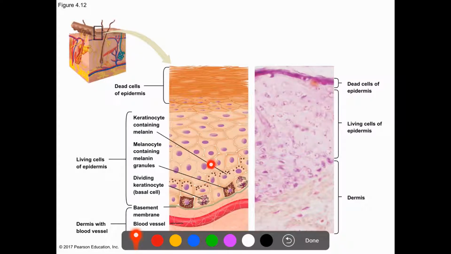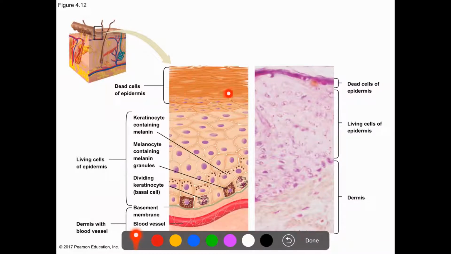These are continuously generated and renewed. And as they are moving up, they will get filled with keratin, which plays an important role in protection and preventing water loss and heat loss. So these cells are moving from here all the way up. As they are moving up, they will become dead. And that is the part of our skin that we are seeing in each other.